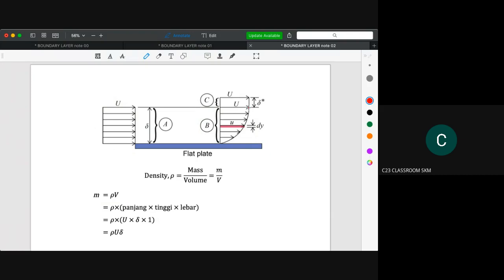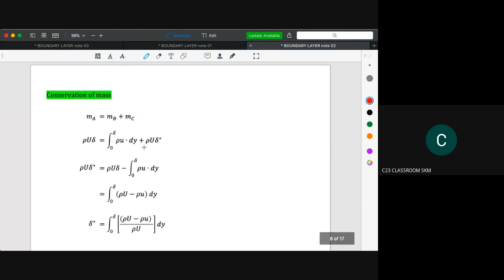This is very easy to calculate because the shape is rectangular. We just multiply by capital U and the thickness of this area, which is delta star. That's why we have rho, U, and delta star.